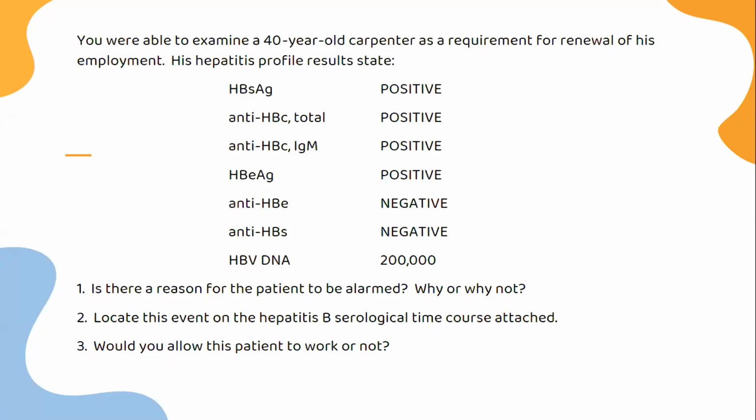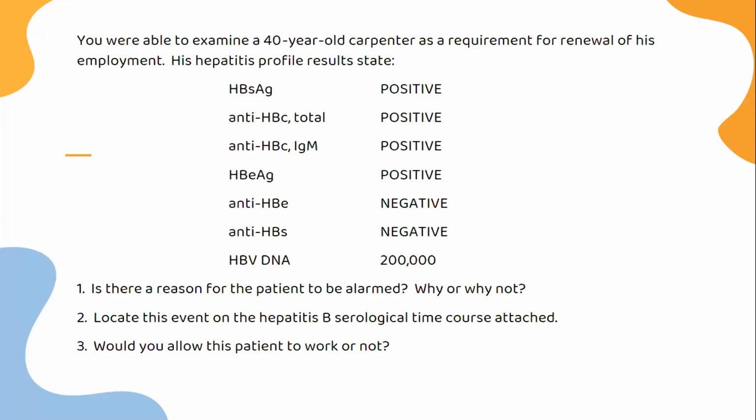You were able to examine a 40-year-old carpenter as a requirement for renewal of his employment. His hepatitis profile results state that the hepatitis B surface antigen was positive. The total hepatitis B core antibody is positive.